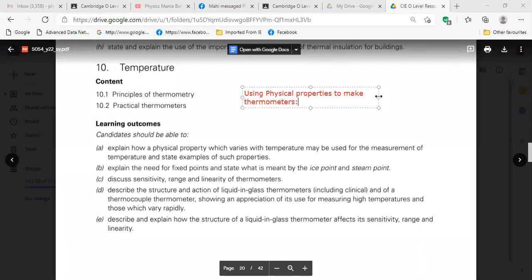Okay, the first one we said is liquid expansion with temperature rise.